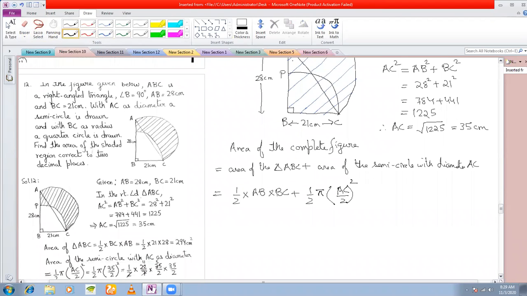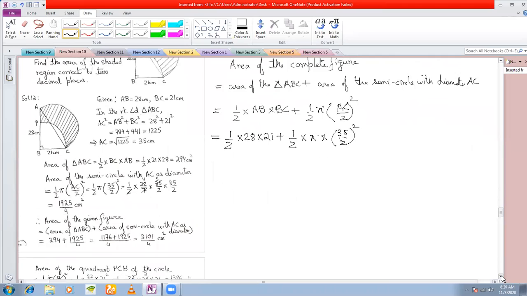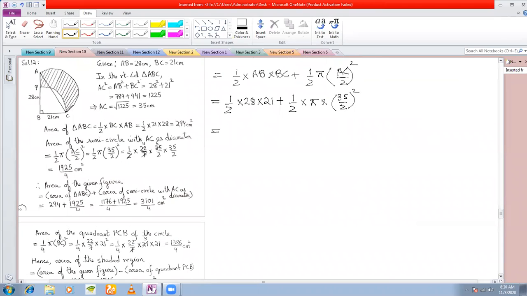So this is half into 28 into 21 plus half into pi into 35 by 2 whole square. Okay. So this is cancel. So area of this triangle comes out to be 294, and this one, put the value of pi.